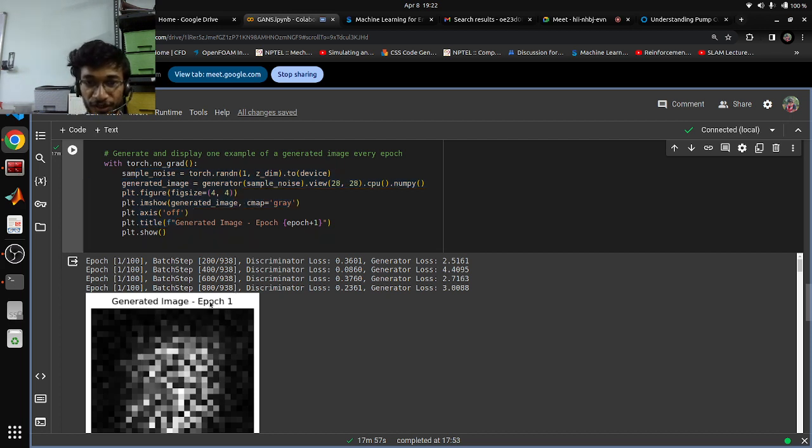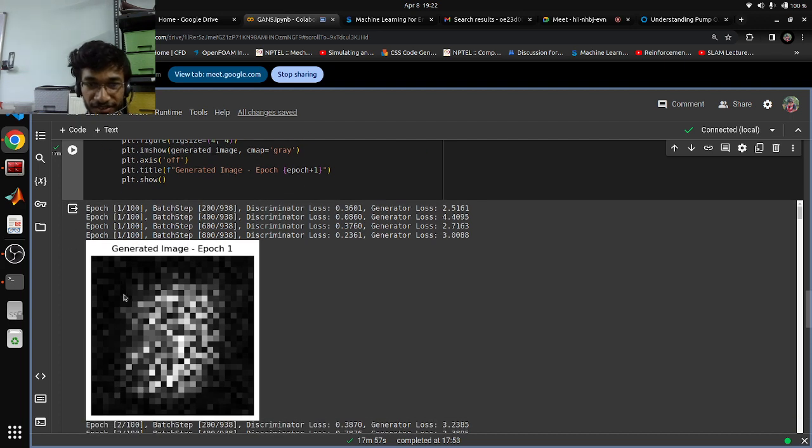In the first epoch, it's not actually all these pixels; it's a 100-dimensional random noise vector, and whatever mapping the generator currently has from that 100-dimensional input space to the 28 by 28 space for the image, it is going to do that mapping.